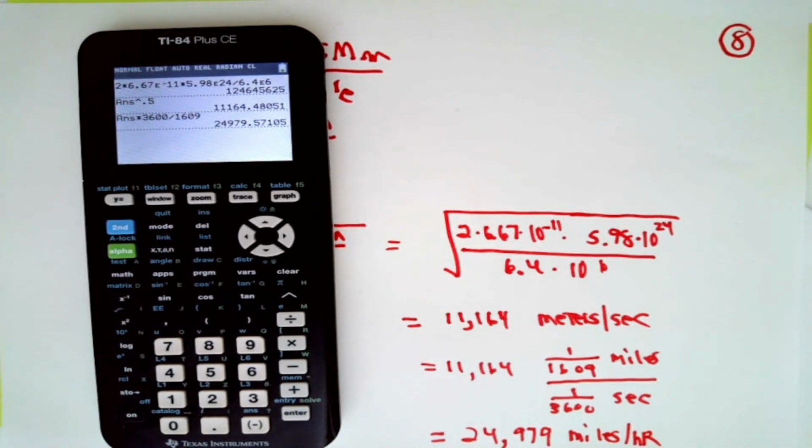Using the available information, that would be 24,979 miles per hour. This is escape velocity from the surface of the Earth or near the surface of the Earth. Usually in books and articles, people just quote a figure of 25,000 miles per hour. This is where that figure comes from.